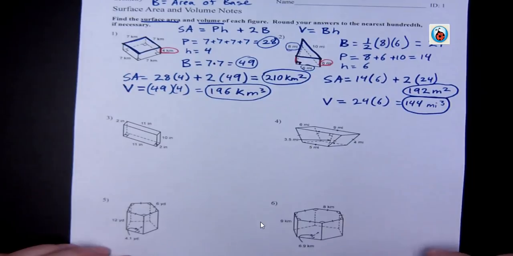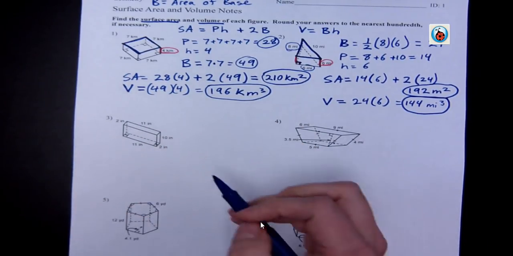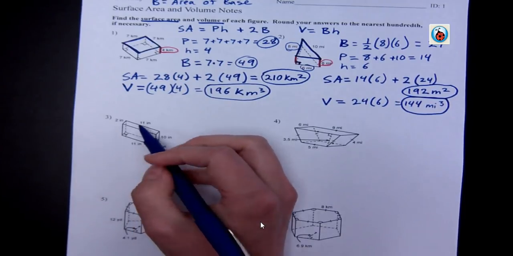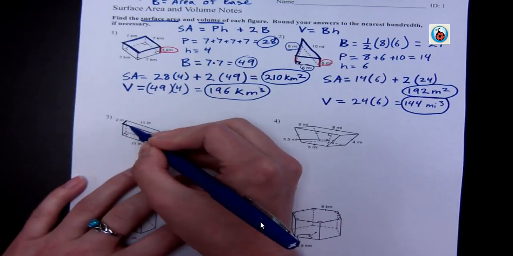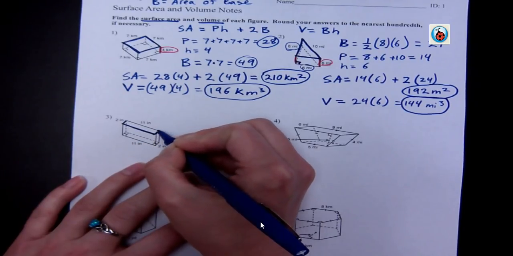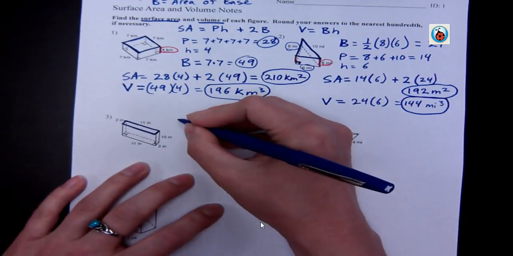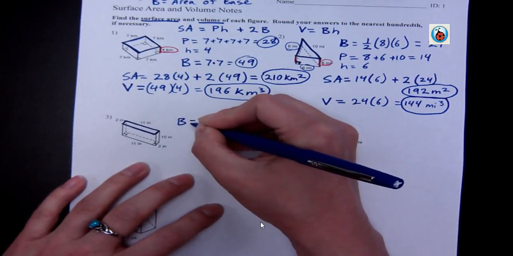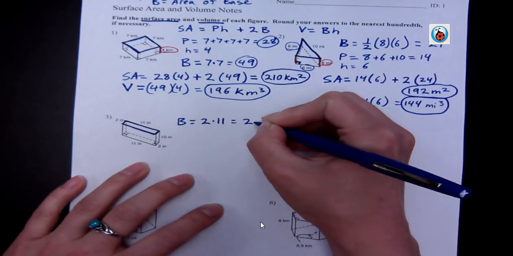Alright, so this next one's a rectangular prism. When you're on a rectangular prism, you can choose which side is the rectangle. I still usually default to just the top because it's easiest to see. So that top there, the area of the base is just 2 times 11, which equals 22.